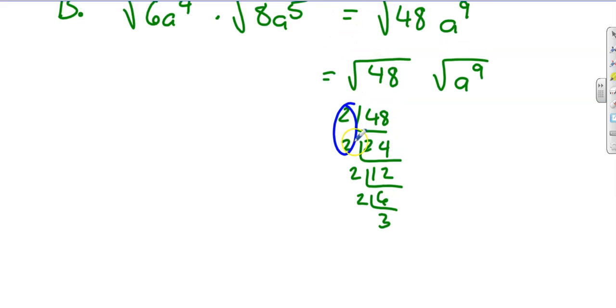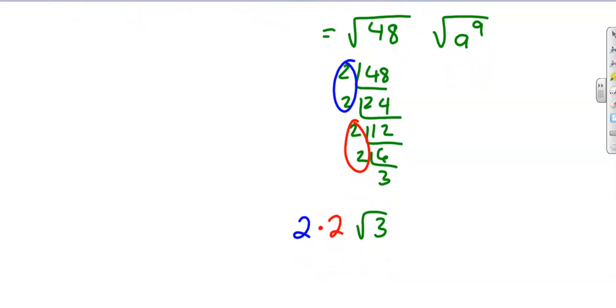So there's a pair of 2's, so that 2 will go on the outside. There's another pair of 2's, so that 2 will go on the outside. The 3 didn't have anything to go with it, so it will stay on the inside. So that 2 times 2 becomes 4, square root of 3.